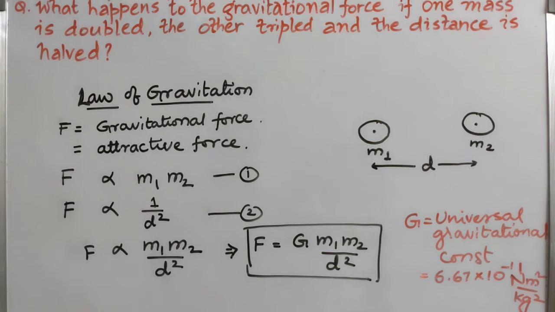So Newton meter square by kg square is the unit of capital G, the universal gravitational constant.